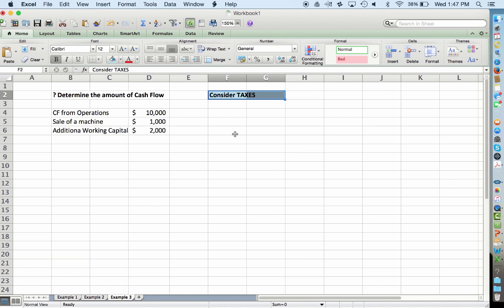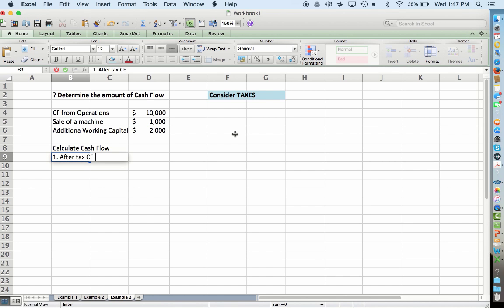So we have to take them into consideration. So, when we calculate cash flow, we take after-tax cash flow from operations, which is item number 1. And that's actually after tax. So AT means after tax.